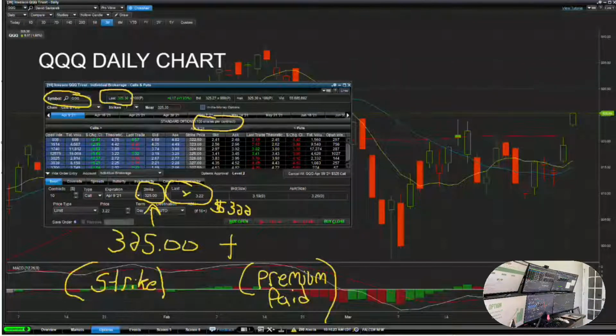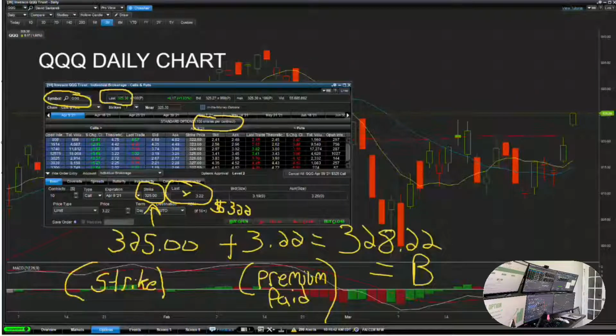Okay, so now 325 plus 3.22, so 325 plus 322 equals 328.22. That equals our break even. Okay, so 328.22, that's where we break even on this contract, right?